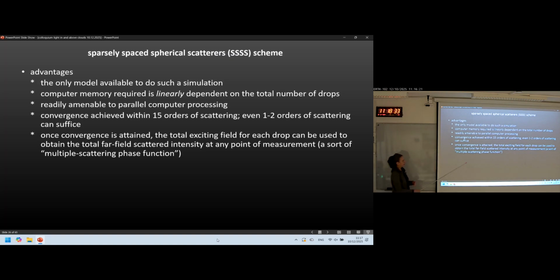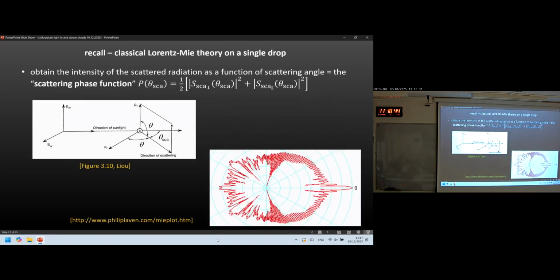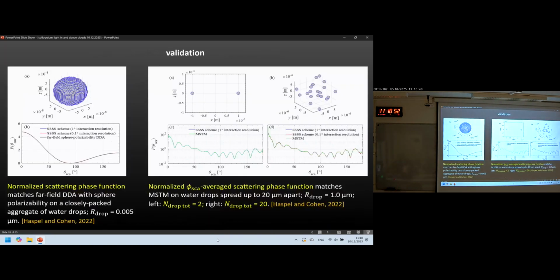And then once we have a converged solution, we have a sort of multiple scattering phase function. We have the intensity coming out of the cloud due to scattering by the drops in every direction that could interest us. So this is just a reminder. We'll have a picture like this, but not from one drop, from all the drops at once. After building it, of course, we wanted to validate it. So I validated it against models that exist, but I couldn't do it on a real cloud.